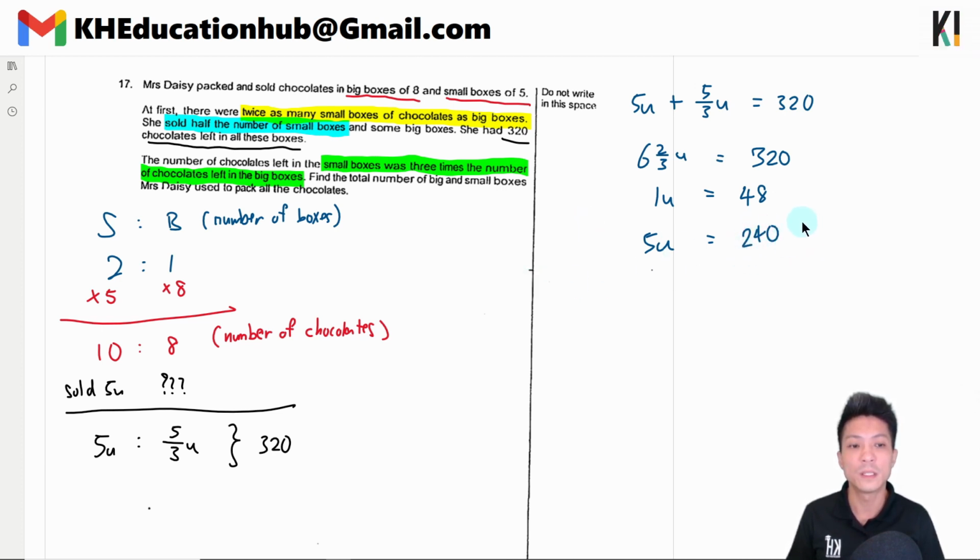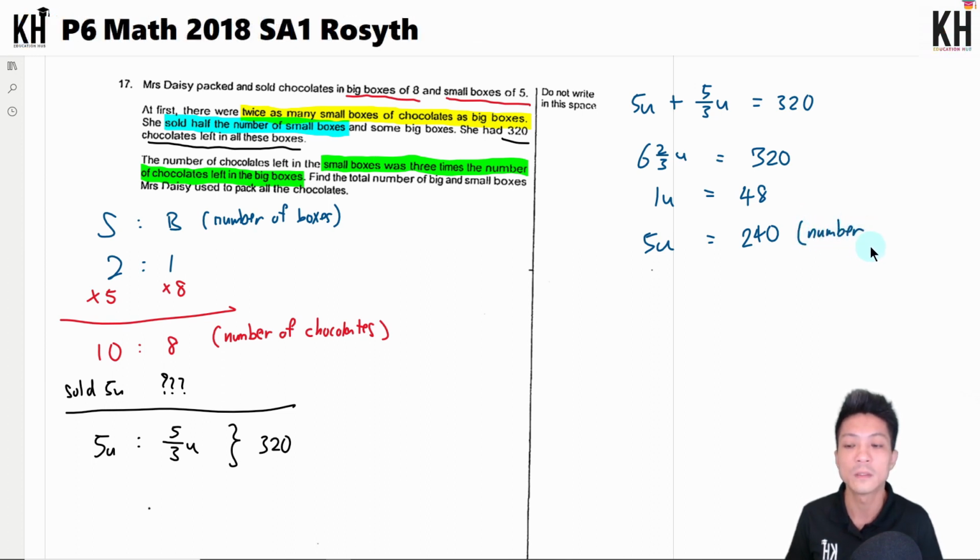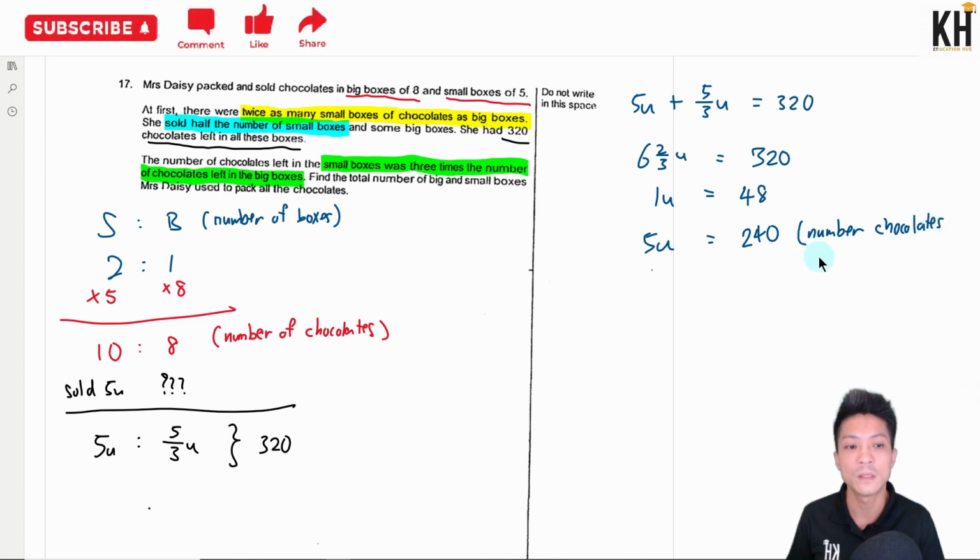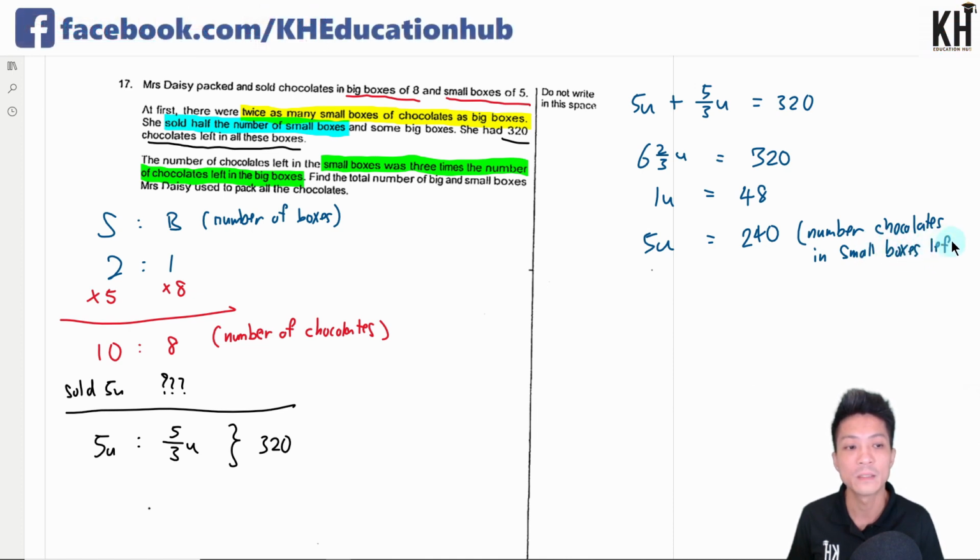This is the number of chocolates in the small boxes left.